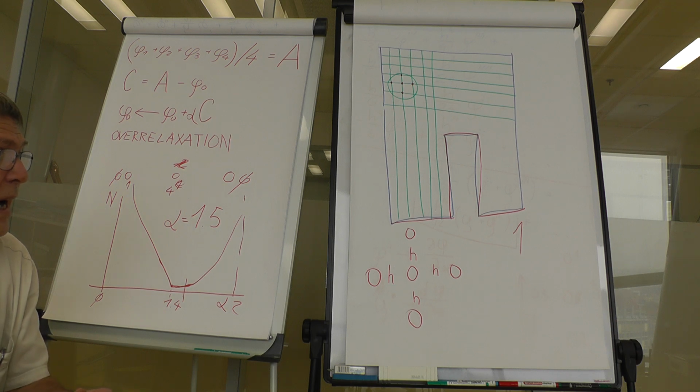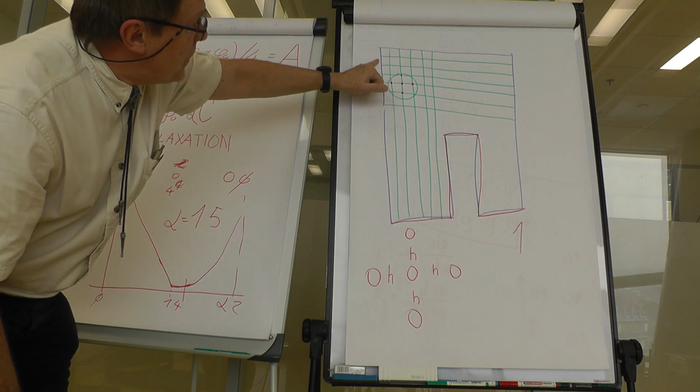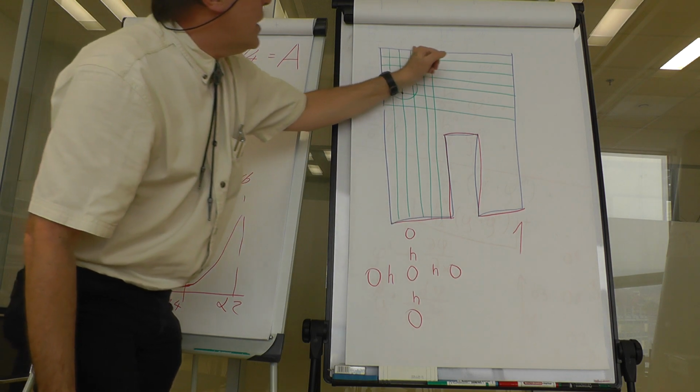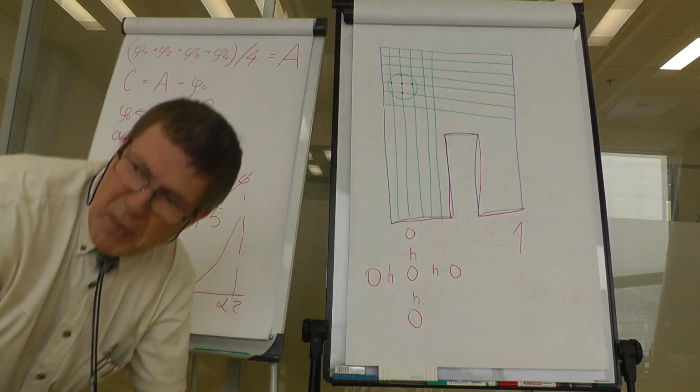So I think that I have already supplied an Excel file to the Moodle, which works so that you have the first row and column as boundary conditions.